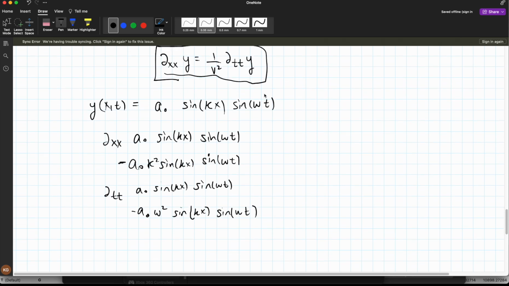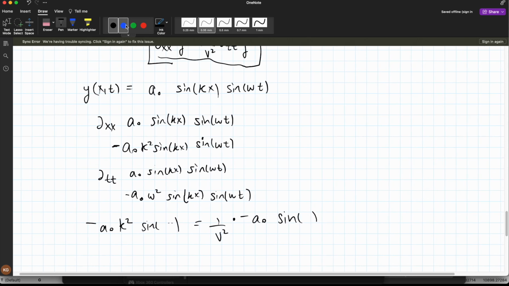And now we can equate them from this expression. The left-hand side is a naught k squared and then all the sine terms, equal to the right-hand side, 1 over v squared, which is a velocity, a speed, times minus a naught omega squared, and then all the sine terms.